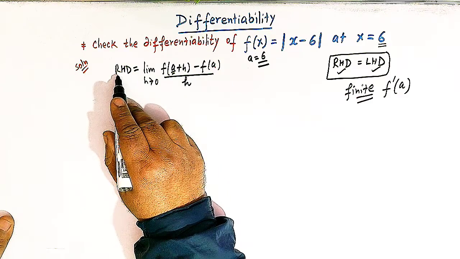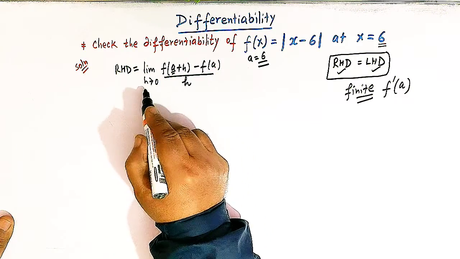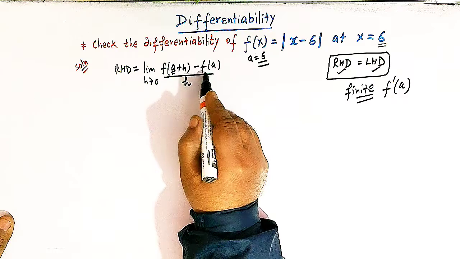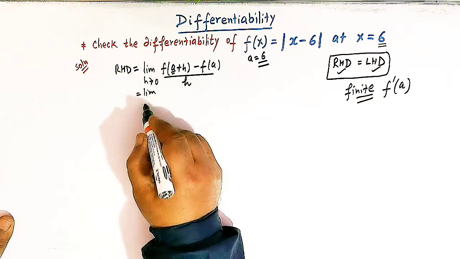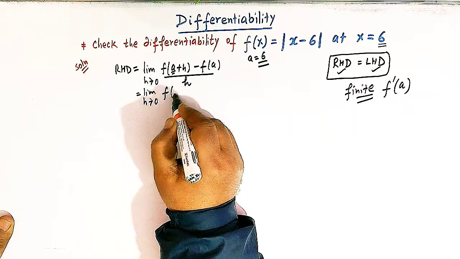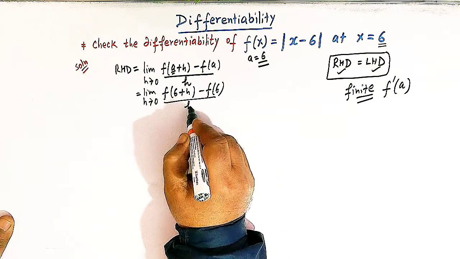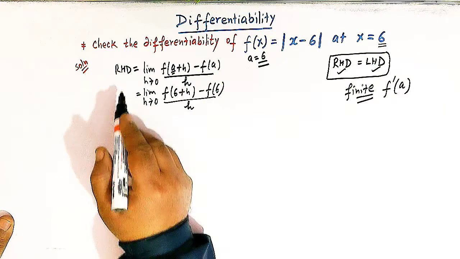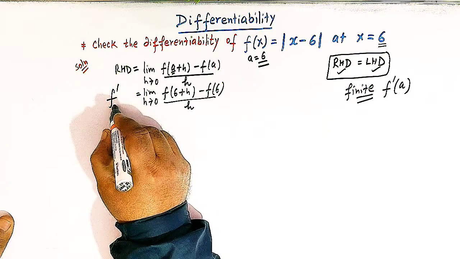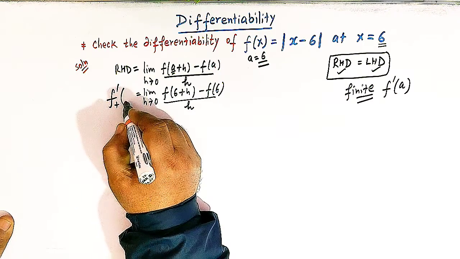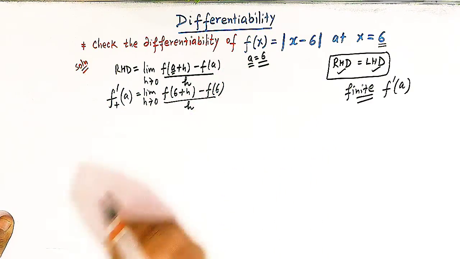So this is the definition of right hand derivative, and it is equivalent to limit, that is h tends to 0, f of a plus h minus f of a divided by h. So now taking a is equal to 6 here, we have limit h tends to 0, f of 6 plus h minus f of 6 divided by h, right? So we can also use the notation for the right hand derivative, and it may be f prime, and here we can write a positive sign, and here we have the point a, right, which is equal to 6.